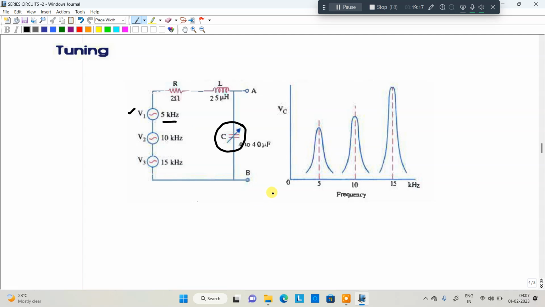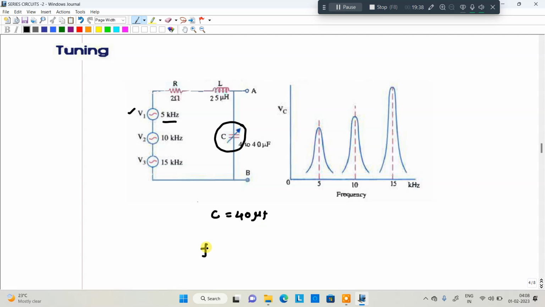What frequency will you get in this case? R and L are fixed, and the capacitance we are maintaining is 40 microfarad. What about the tuning frequency?